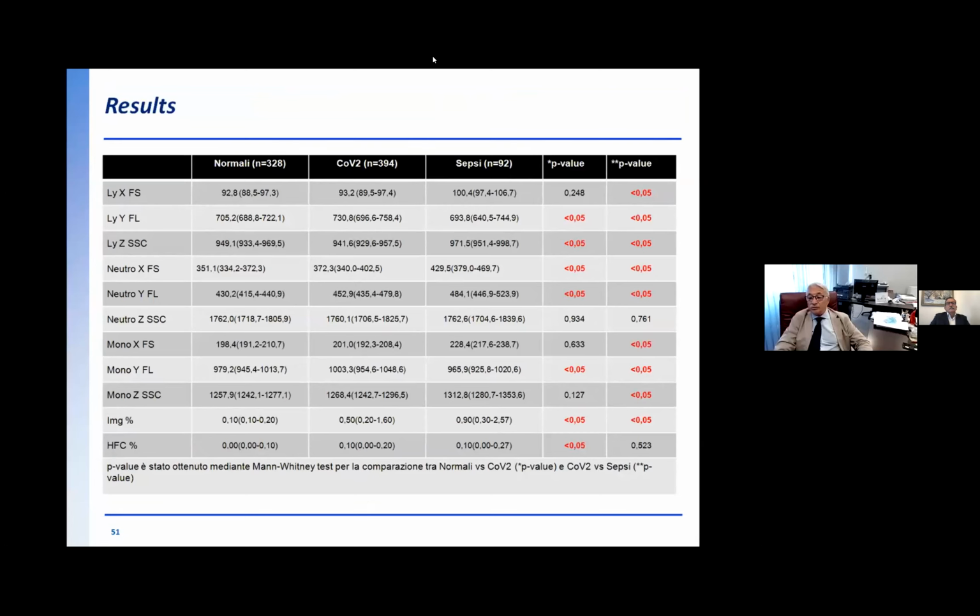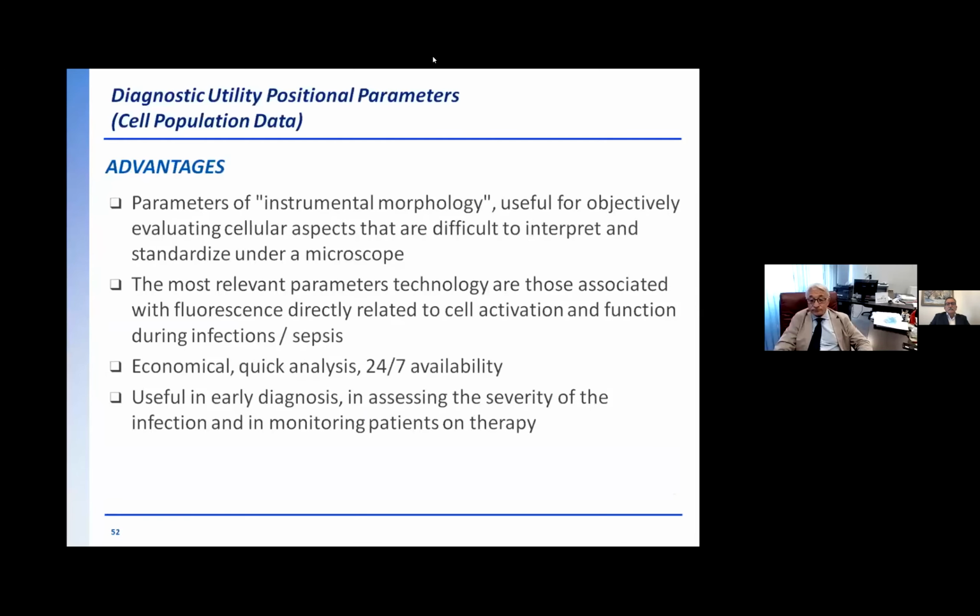One asterisk, the normal population as against the COVID-19 population, and then the column with two asterisks where you have the statistical correlation related to sepsis patients, so COVID-19 patients and sepsis patients. So relevant advantages have been obtained in positional parameters thanks to these platforms.